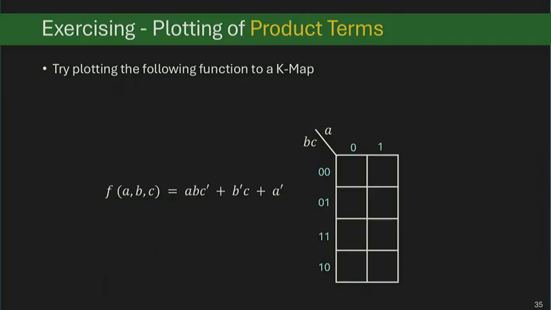When A equals 0, that entire column is the condition of A equals 0, and you want the output to be 1 whenever A is 0. This function will be 1 whenever A is 0, just by having the last term of A prime. A prime is the condition when A equals 0. Yes, all four of those.